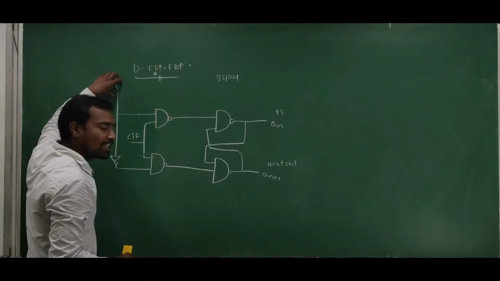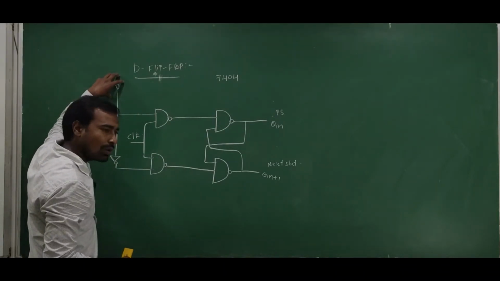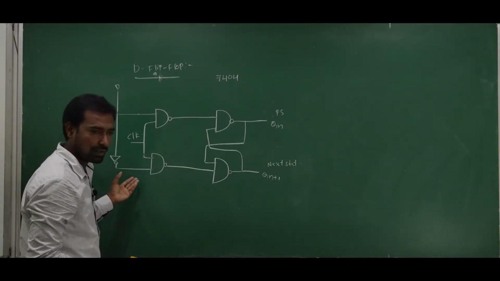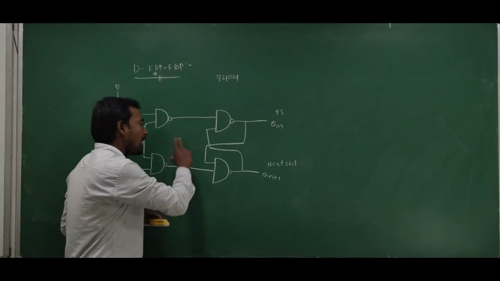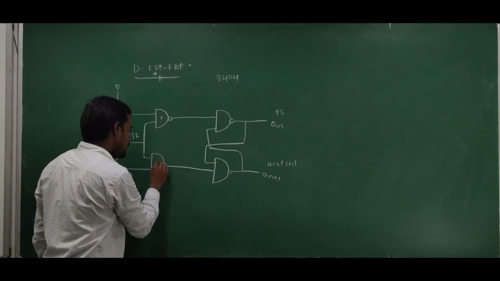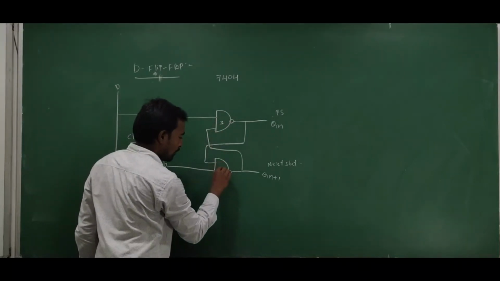When I am giving the input like 0, then the complement of the 0 will give here 1 output. And here I am totally using the 4 NAND gates, first one, second and third and fourth.